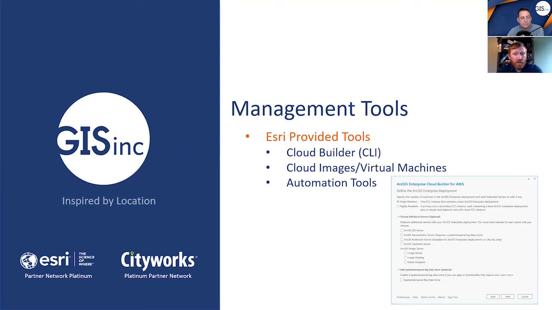These are public images that come with the Esri stack pre-installed and only require licensing to start using. And finally, there are automation tools. And there are a variety of these IT automation tools like Chef, Ansible, and Puppet. Esri provides Chef cookbooks on GitHub that can help you build out your automation and configuration of ArcGIS Enterprise.